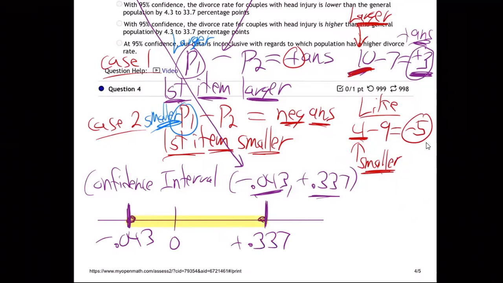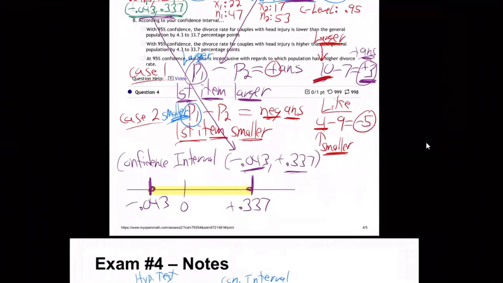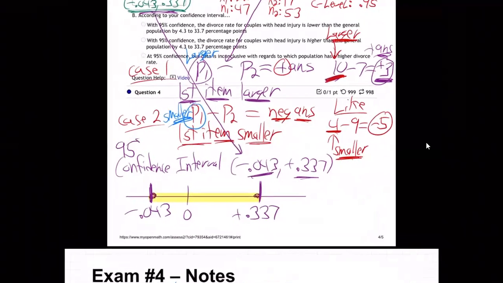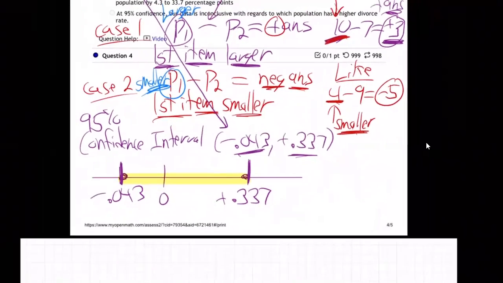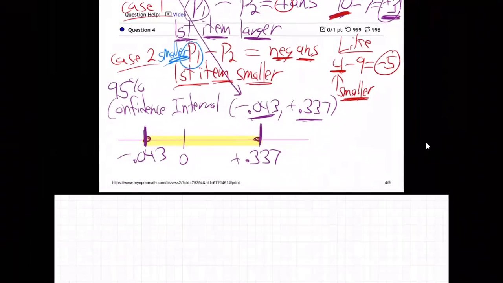We are 95% confident that the real difference between these numbers is somewhere in that interval. That's what we're saying with this confidence. Let me write that out.